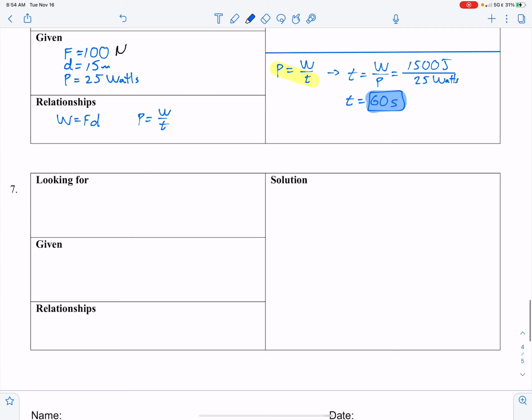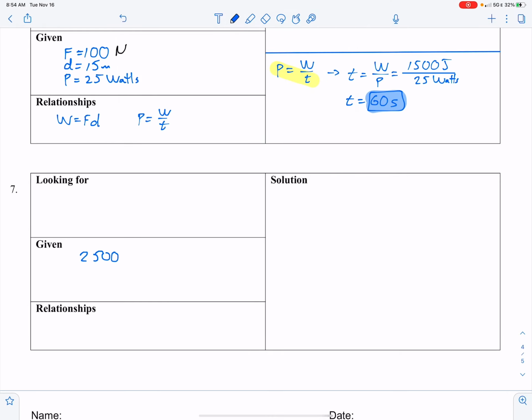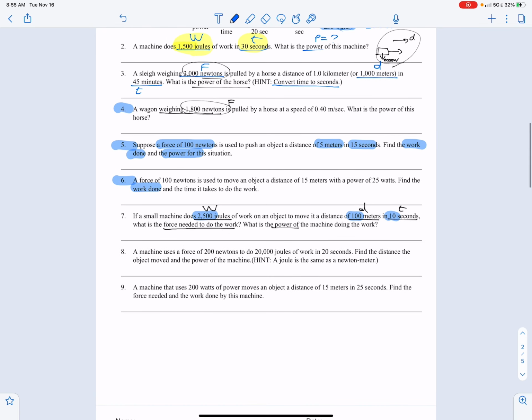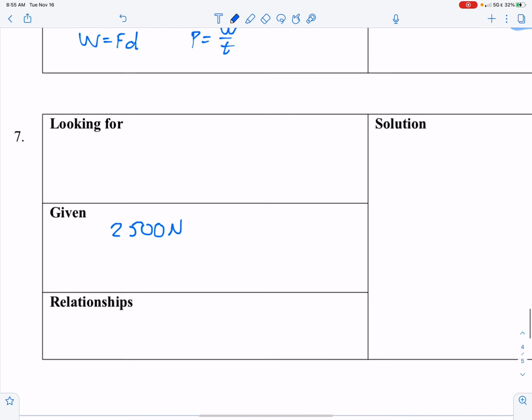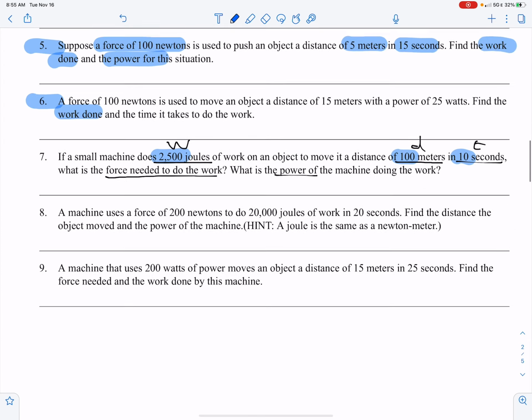Let's list everything we know. 2,500. 100 what? Was it meters?